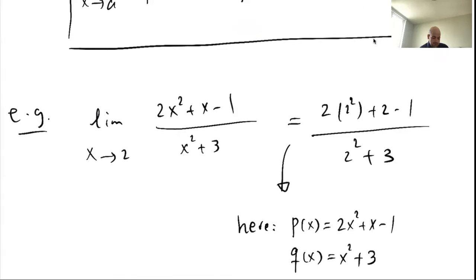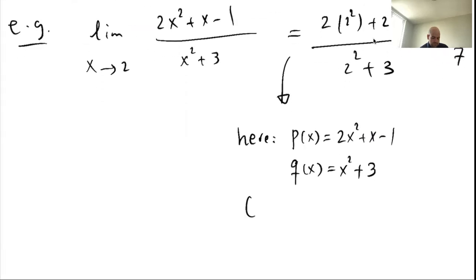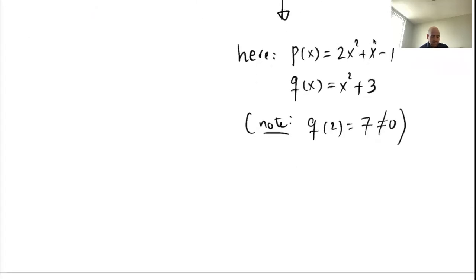And then this is 4 times 2, 8, plus 2 minus 1 is 9, over 7. And note that Q of 2 is 7, which is not equal to 0. Okay, so we have a polynomial divided by another polynomial, and to calculate the limit, we can just replace x with a.